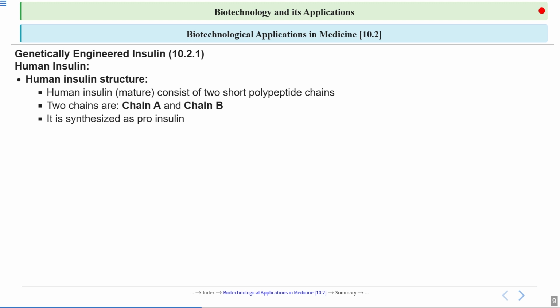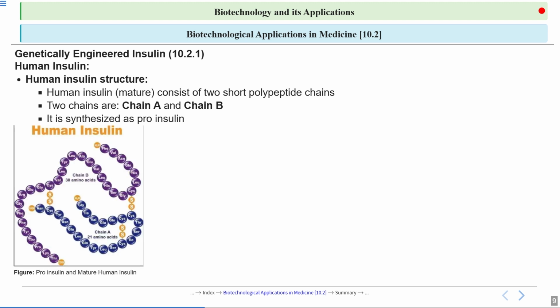So what is proinsulin? A mature insulin consists of chain A and chain B, but in humans it is synthesized as proinsulin, which has chain C also along with chain A and chain B. To make it a mature insulin, we have to remove that chain C.